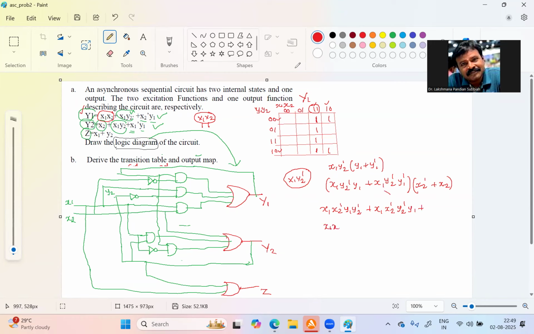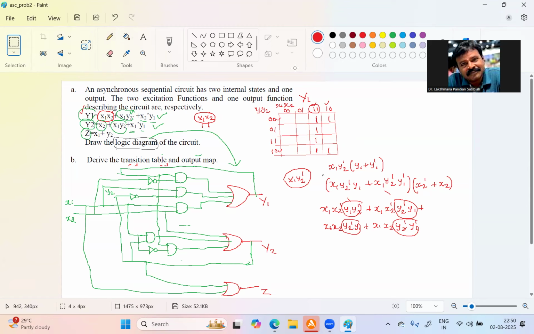So that one is x1 x2 y1 x1 x2 y2 dash y1 plus x1 x2 y2 dash y1 dash, right? So that one is for all y cases coming now. So x1 x2, then added with x1 x2, then added with all cases. So that is four combinations. So for that we are putting now these four, right? So that is what we are having now.